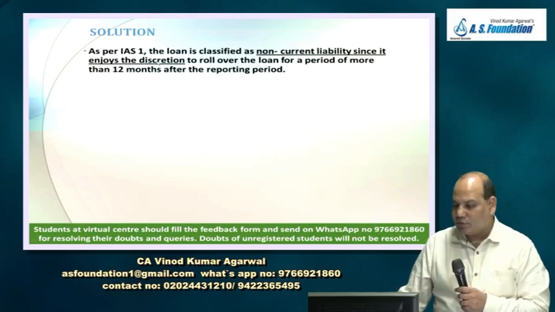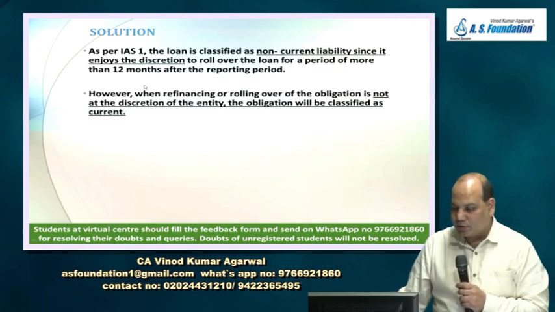So as per IAS 1, the loan is classified as non-current since it enjoys the discretion to roll over the loan for a period of more than 12 months after the reporting period. However, if or when refinancing or rolling over of the obligation is not at the discretion of the entity, the obligation will be classified as current.